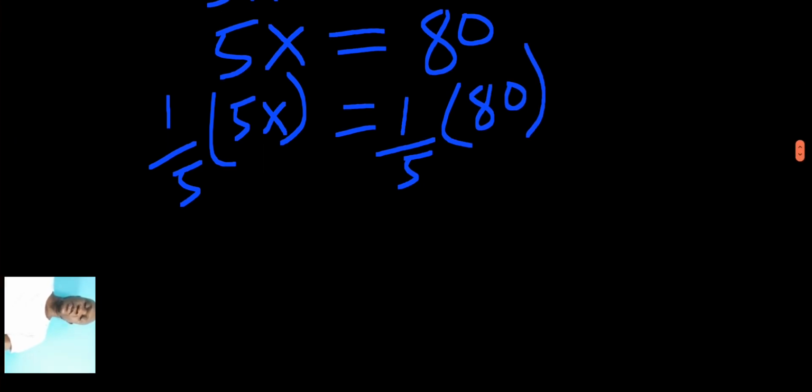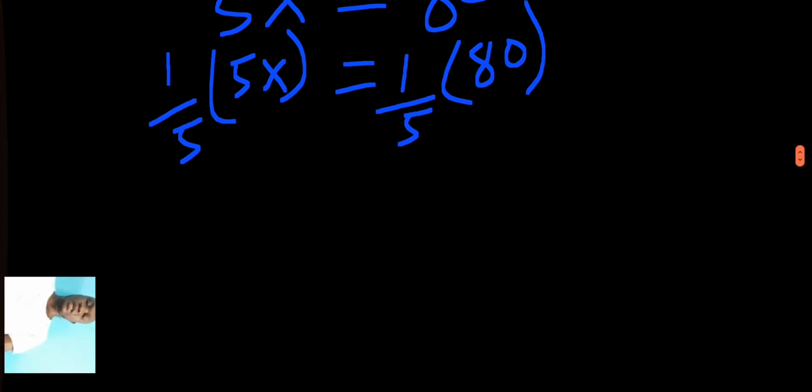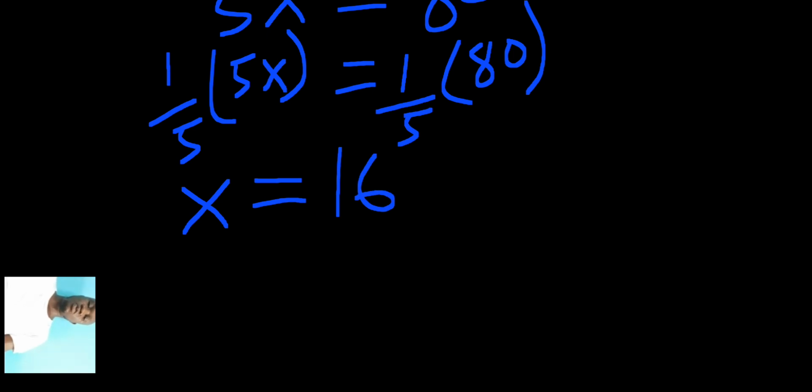Because 1/5 is the multiplicative inverse of 5, over here I will have s, because 1/5 times 5s will give me s. So I'll now have s is equal to 16, because 1/5 times 80 is what? 16. Let's try another example.